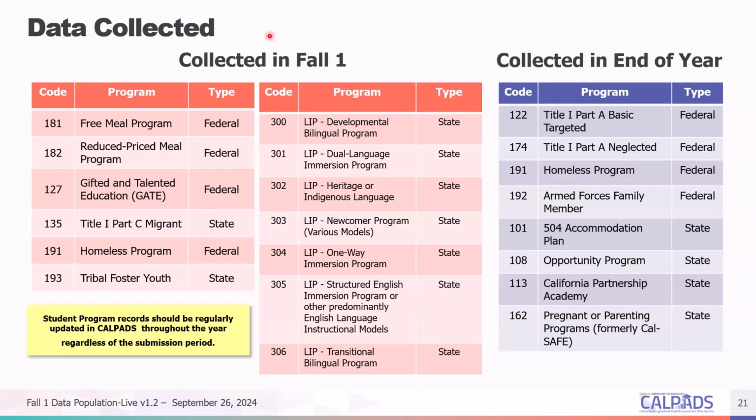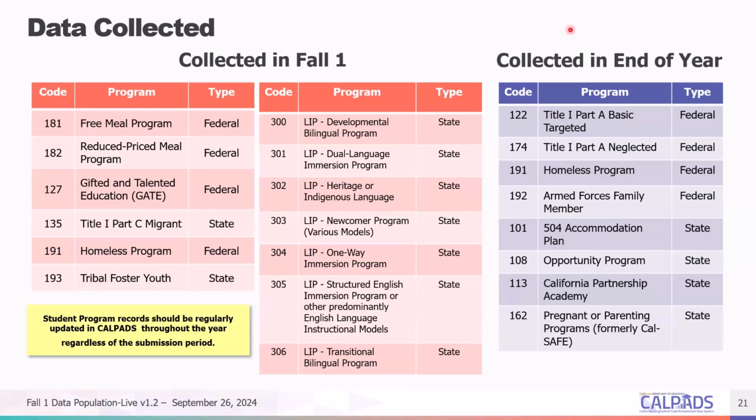So for example, FRPM records using codes 181 or 182, Gifted and Talented Education or GATE programs using code 127, homeless students with program code 191, tribal foster youth with program code 193 will all appear or are all expected to appear on your Fall 1 reports. And this is in addition to the language instruction program or LIP program codes, which are listed in the orange table in the center of the slide here.